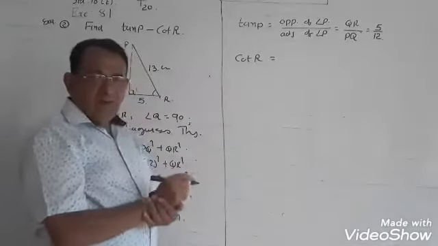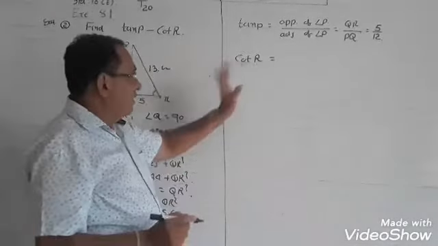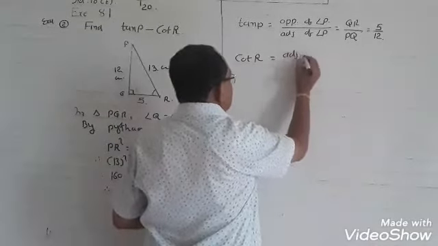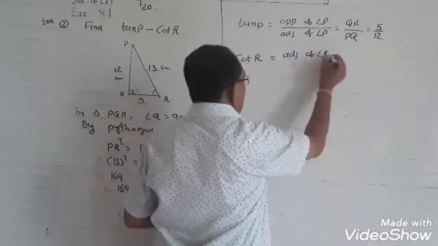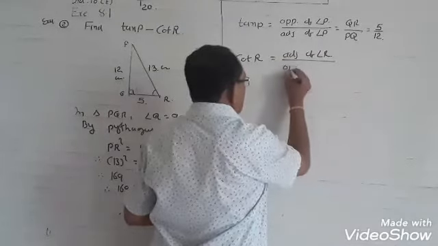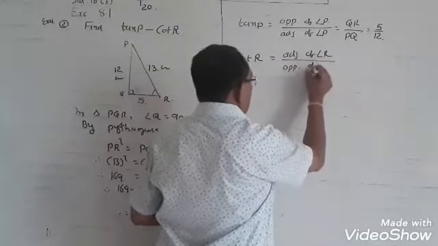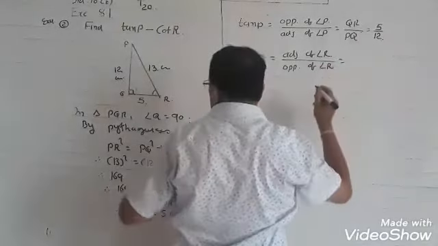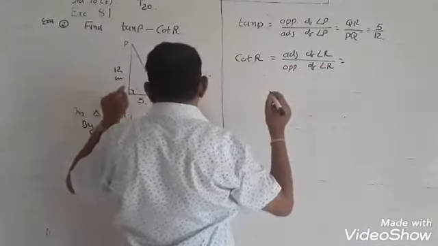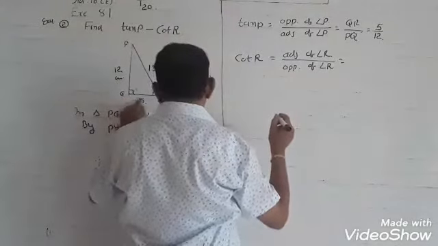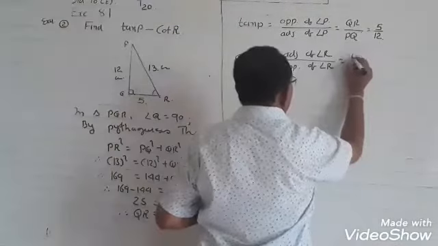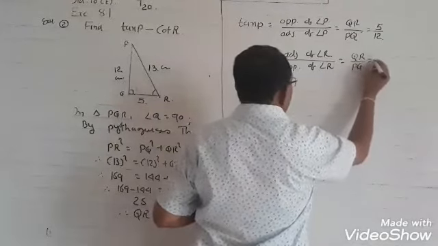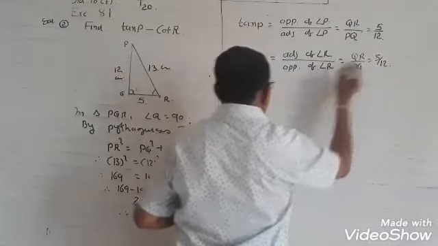Cot R is defined as adjacent side of angle R upon opposite side of angle R, which is equal to QR upon PQ, that is 5 upon 12.